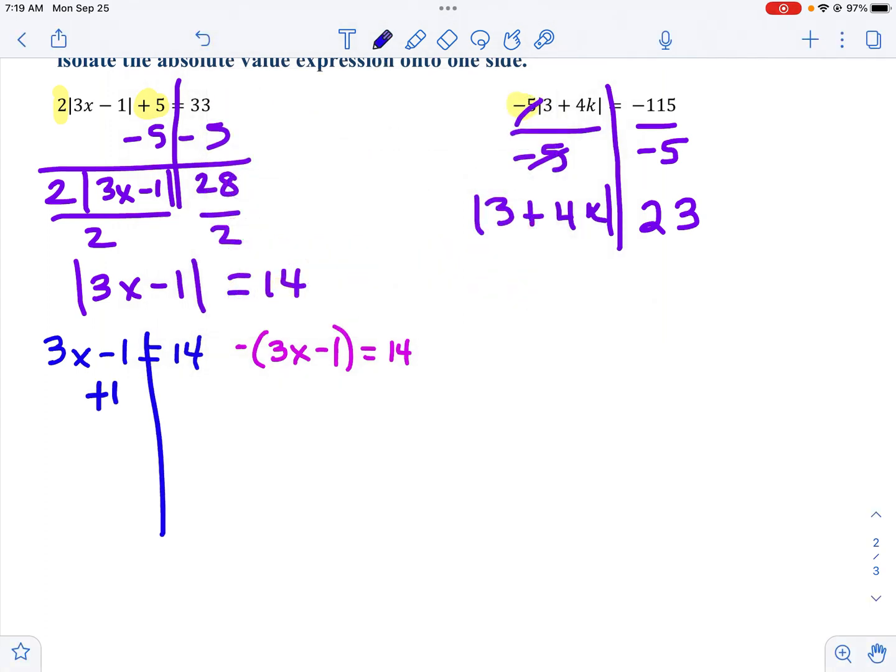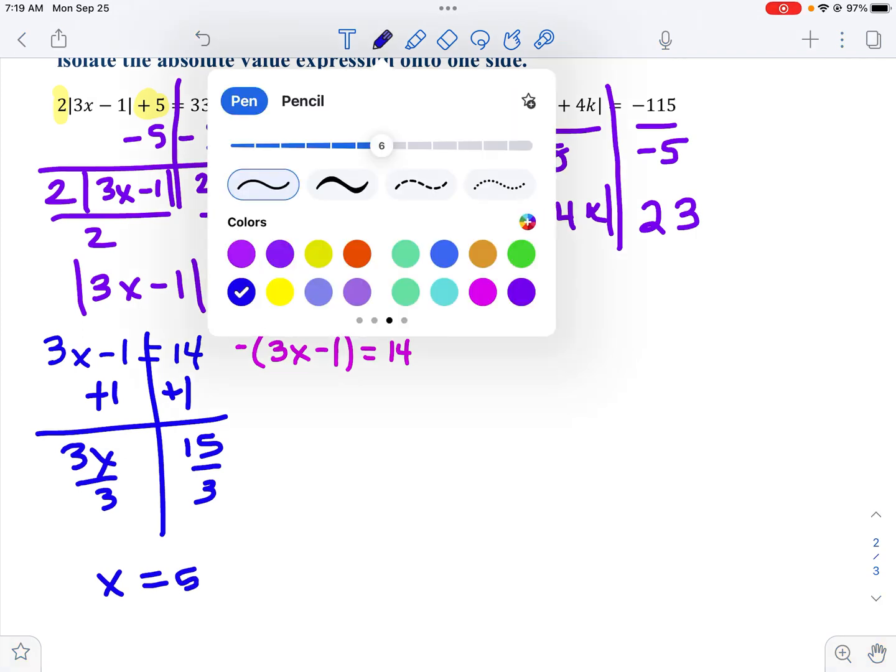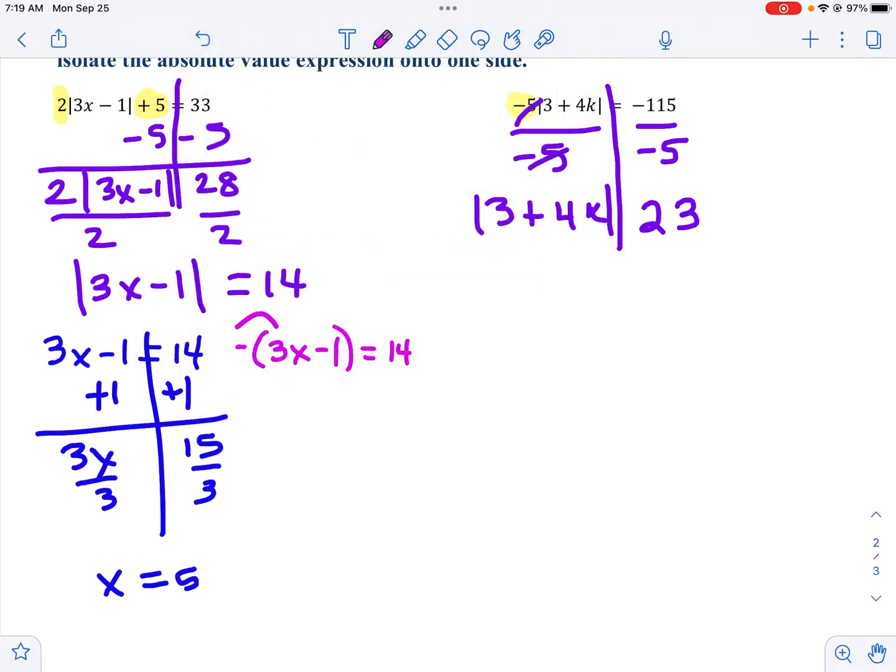Okay, so let me bring this down and go ahead and show you the two-step part on both of them. That gives me 15. Divide by 3. One of the solutions is 5. Clearly you can tell I'm at school. So this would be -3x. 2 negatives will make that a positive. You would subtract 1.